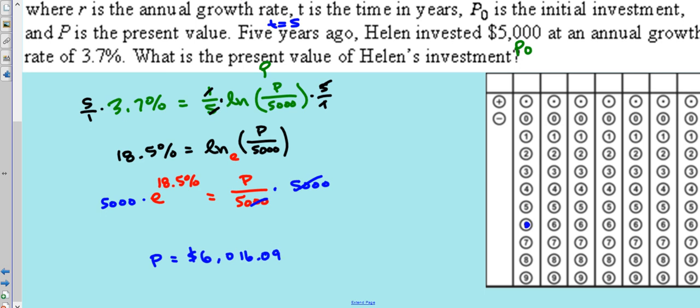And so that's what I would bubble in over here. It might be easier if I write it out. 6016.09. And now I just bubble in across. It's 6016.09. And there's my answer.